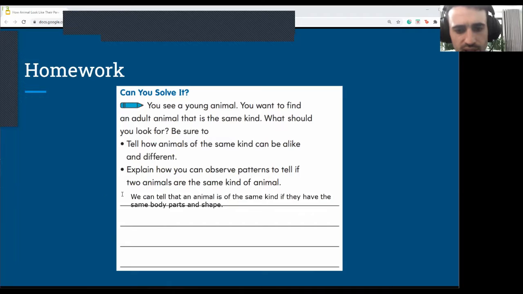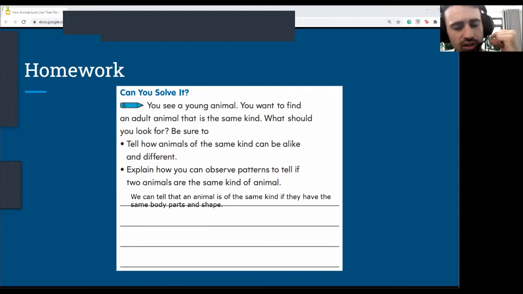Can someone tell me? Oh, I don't know why that looks like it's crossed out, but can an animal be the same kind but a different size? Can an animal be the same kind but come in a different size? Elsa. Yes, Mr. Connor.